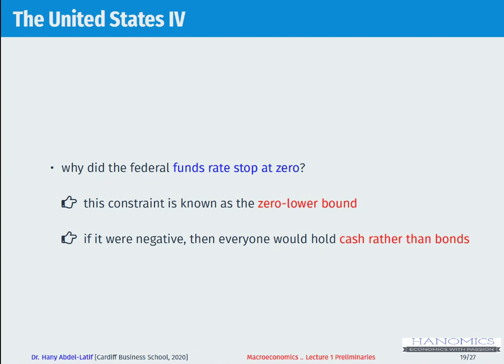You can't go below that because you have two choices, to hold cash or to hold bonds. Cash is liquid, so you can use it anytime. Bonds are not as liquid as cash, but bonds give you some return. If the interest rate became negative, everyone would hold cash rather than bonds, and that wouldn't really help.